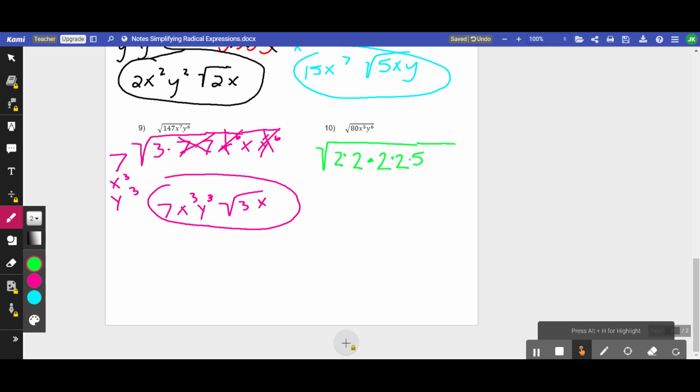And then for the variables, you want to be able to divide the exponents by 2. So this x to the 5th, you can't divide the exponent by 2, so you can rewrite it as a smaller power. That'll be x to the 4th, and then you'll have another x beside it, because that's the same thing as x to the 5th.